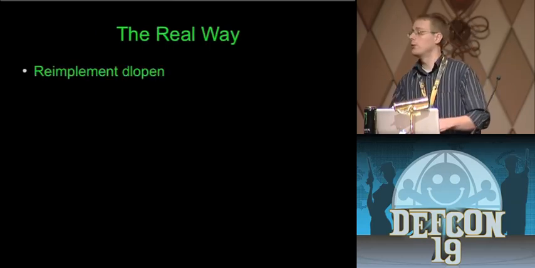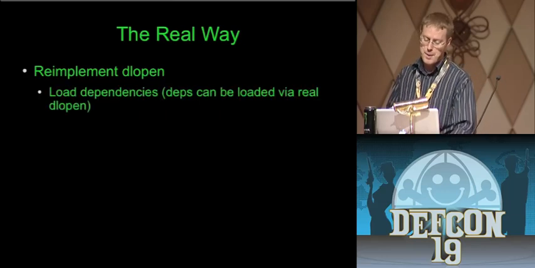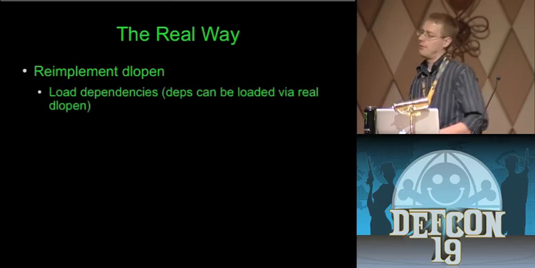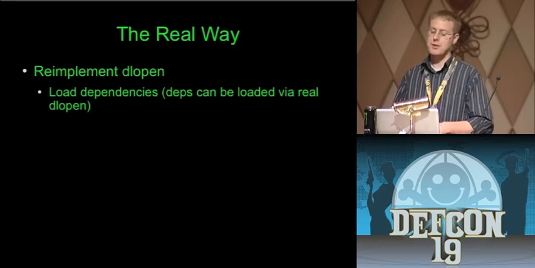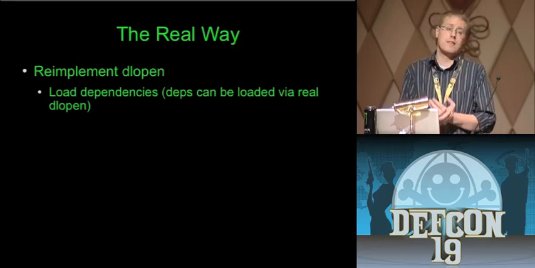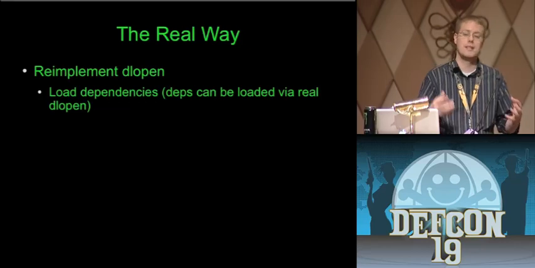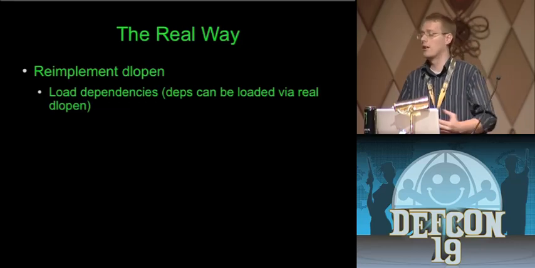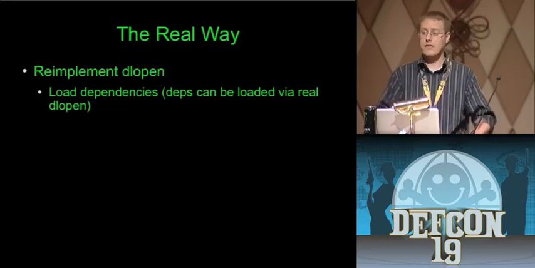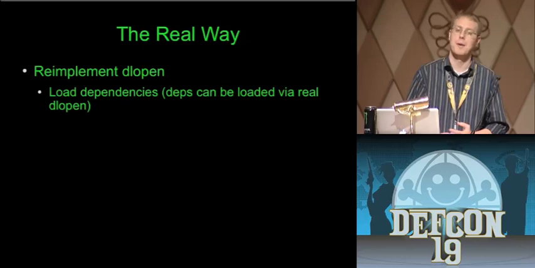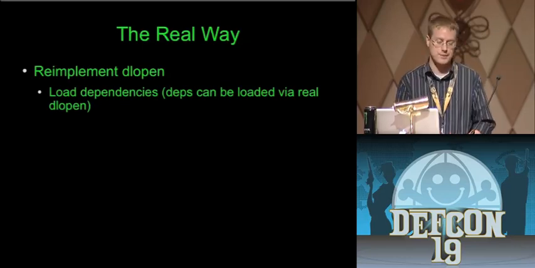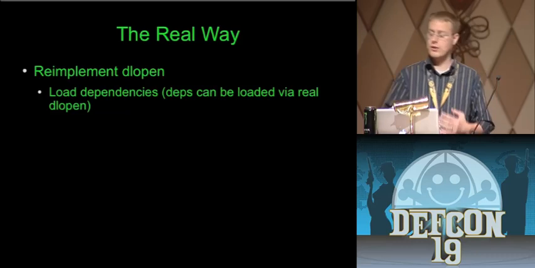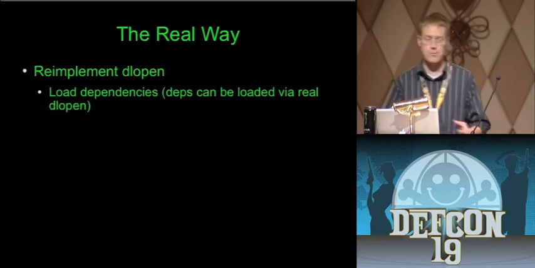So the real way: you want to re-implement dlopen by loading the dependencies of your malicious shared object yourself. Some of the dependencies can be loaded via dlopen, and some of the dependencies might not even need to be loaded at all. Like libc is in just about every single program out there. I don't think I've seen a program that didn't depend on libc. So you'll load your dependencies by hand for the most part.